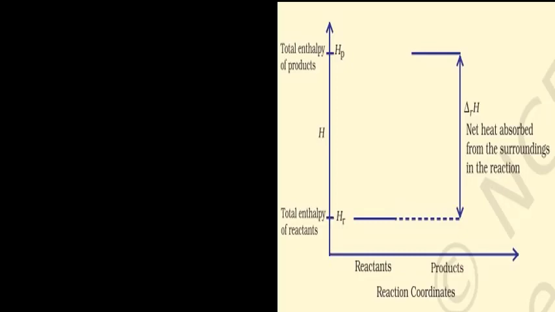Now we can try to understand the endothermic reaction in terms of a graph. Here this is the total enthalpy of reactants and this is the total enthalpy of products. The enthalpy of reactants is less than that of products. The delta H is found by the formula sigma HP minus sigma HR irrespective of whether it is an exothermic or endothermic reaction.